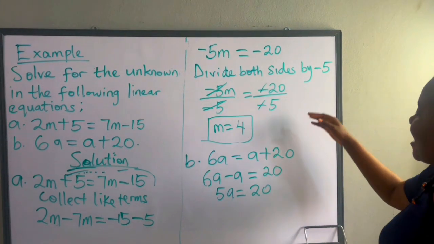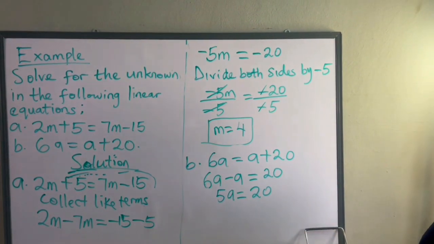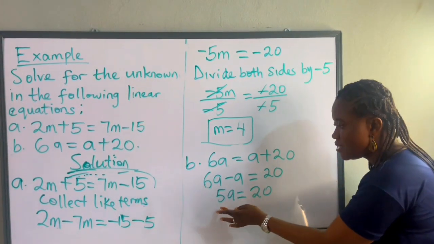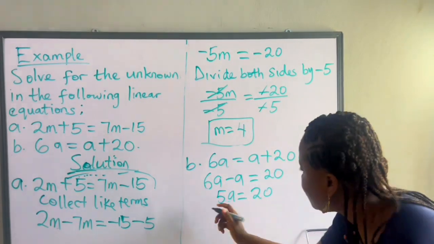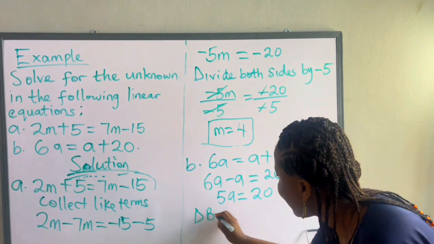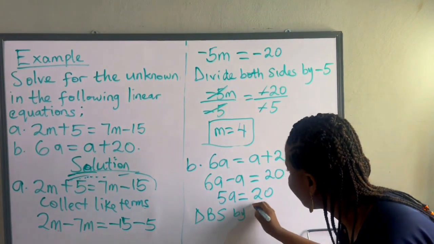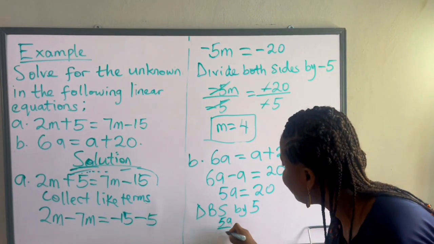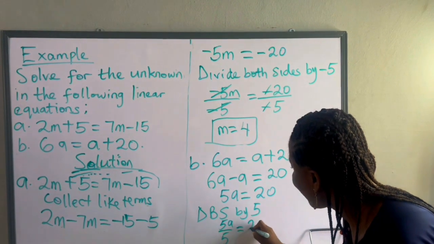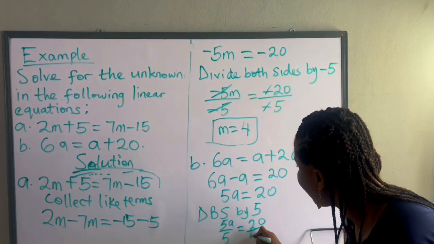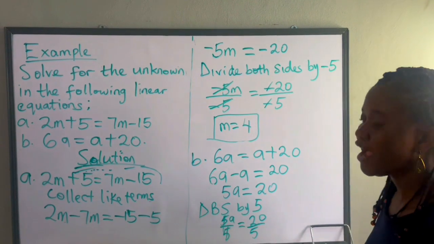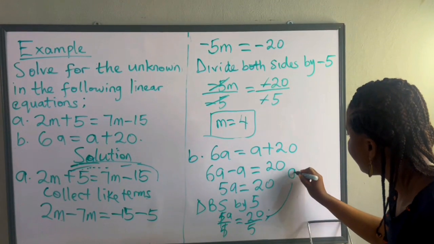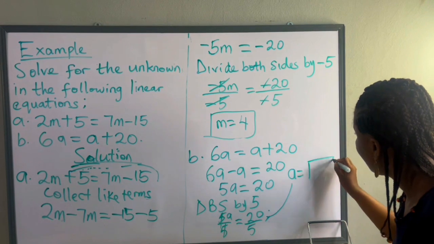To get the value of a, what do you do? You take away the coefficient, take away the attachment that is with a, and that will give us divide both sides by 5. So we have 5a over 5 equals to 20 over 5. 5 cancels out 5. And a will be equal to 4.